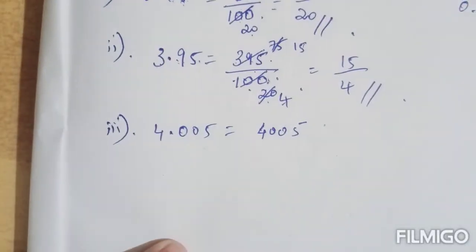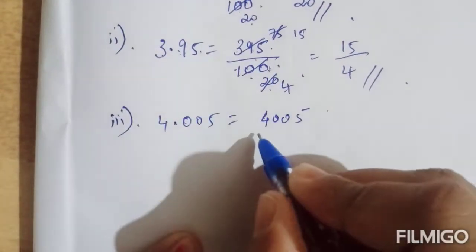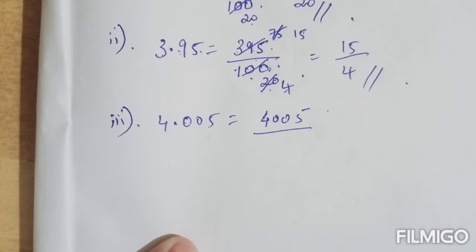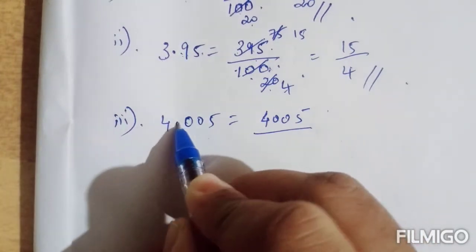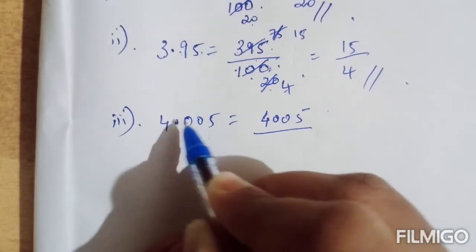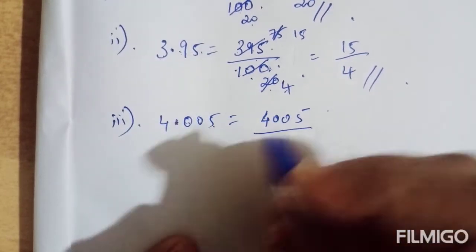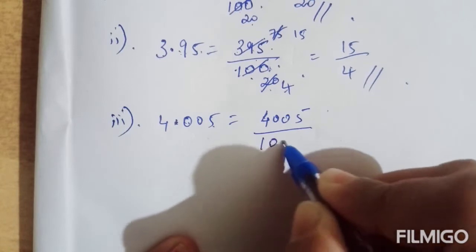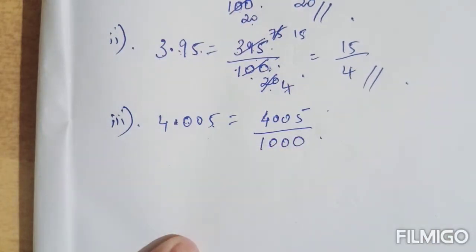Without decimal point, it will be 4005 by, what will be the denominator? For that, just check how many digits are coming after decimal point. Here after decimal point 3 digits are coming, so denominator will be 1000. If 3 digits are coming after decimal point, the denominator will be 1000.